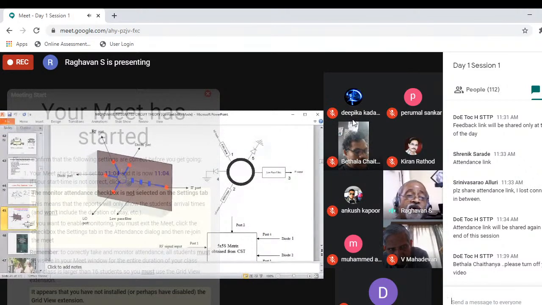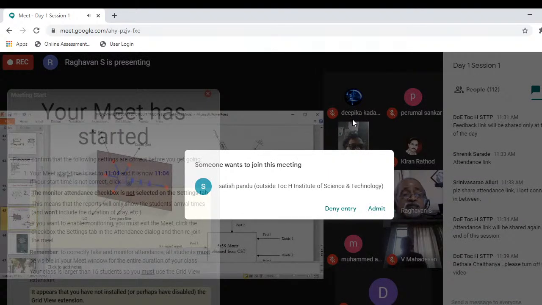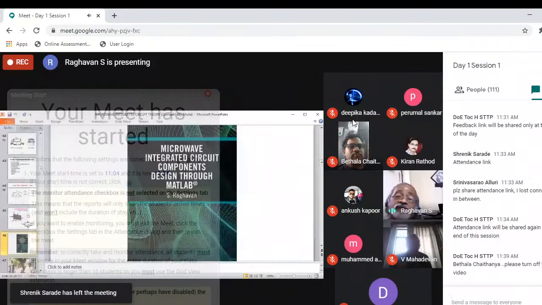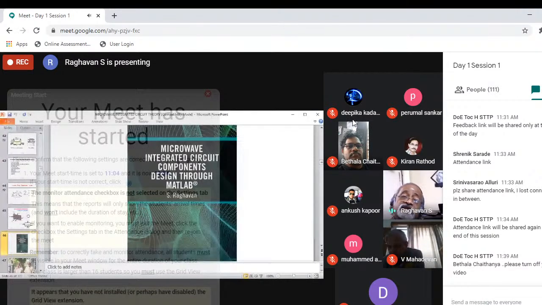All the components I mentioned, including the theory, have come out recently in a CRC publication, this book, Micro MIC Components Designed Through MATLAB. All the components with the essential network theory, and the MATLAB code.